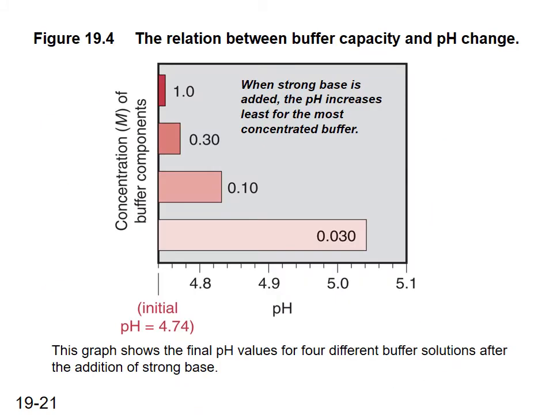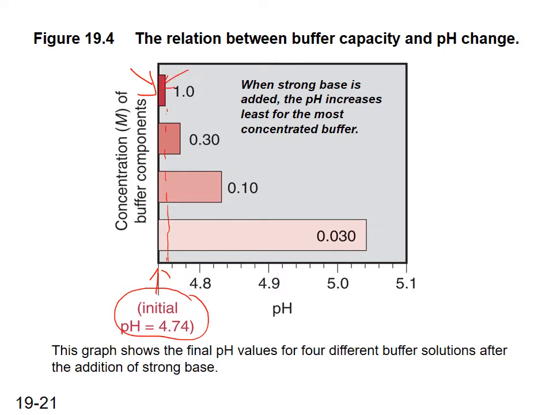This diagram shows the relation between buffer capacity and the pH change for 4 solutions. Initially, these 4 buffer solutions all have a pH value of 4.74. When a strong base is added to these solutions, the most concentrated one changes the least. It changed to about 4.76, for example, right here.